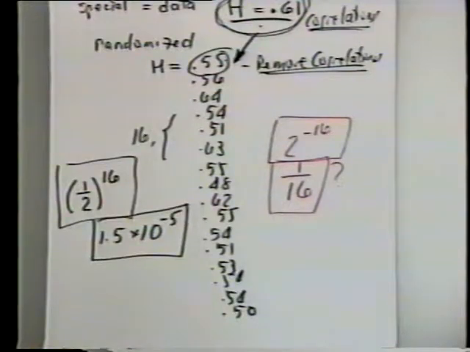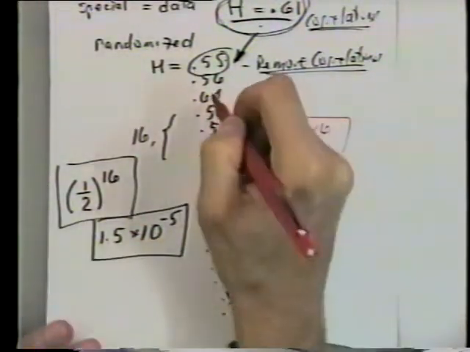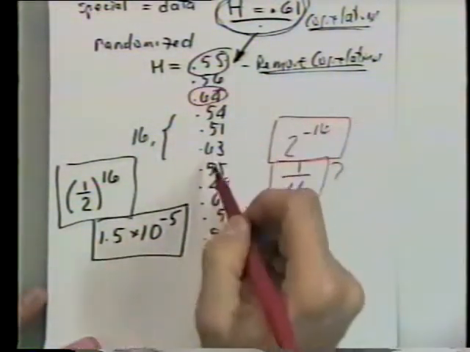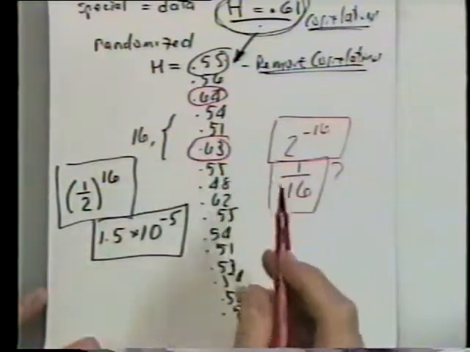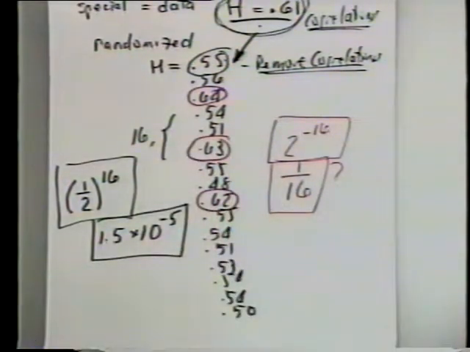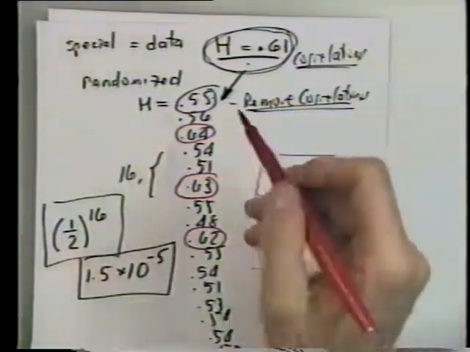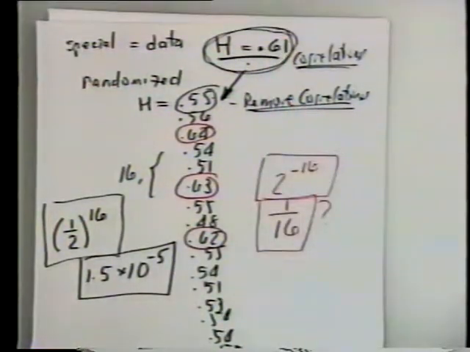What we actually have in doing this data comparison is this time, and this time, we got values in the shuffle data that were greater than 0.61.